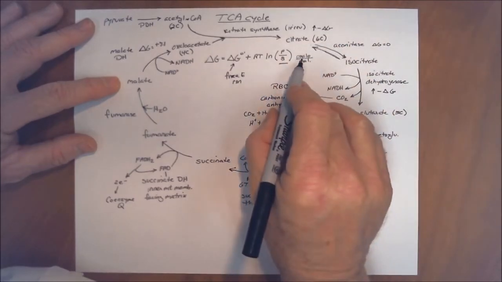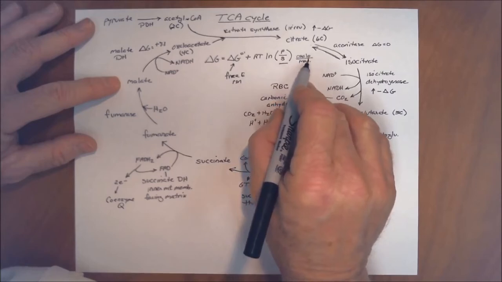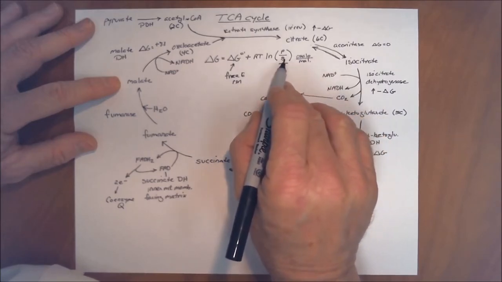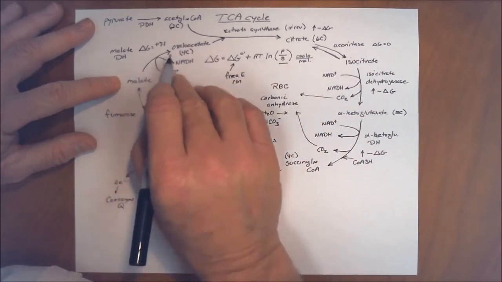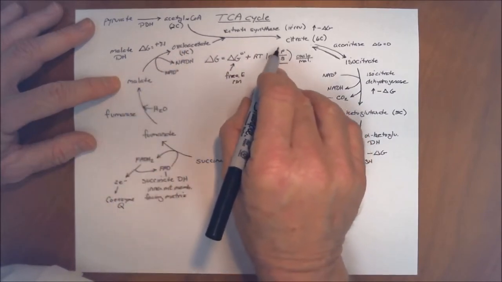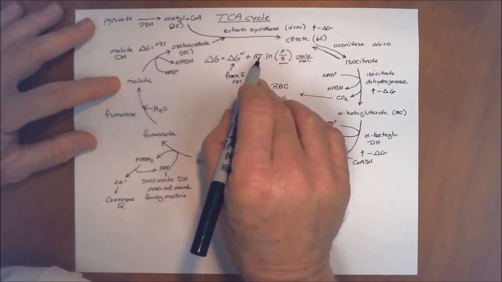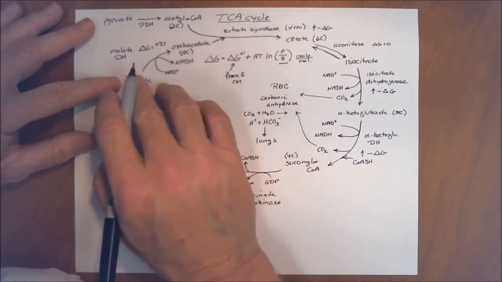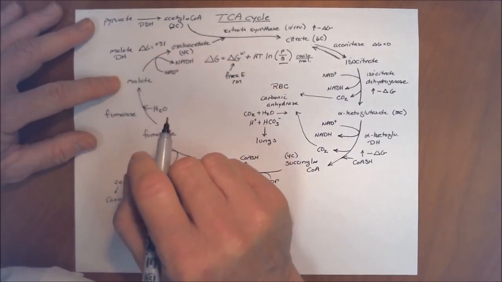This would be a very, very small number. Small number here, the natural log of a number much less than 1, is a negative number. So because of this product to substrate relationship, this will be a large negative number that will generate a negative delta G to drive this reaction forward.